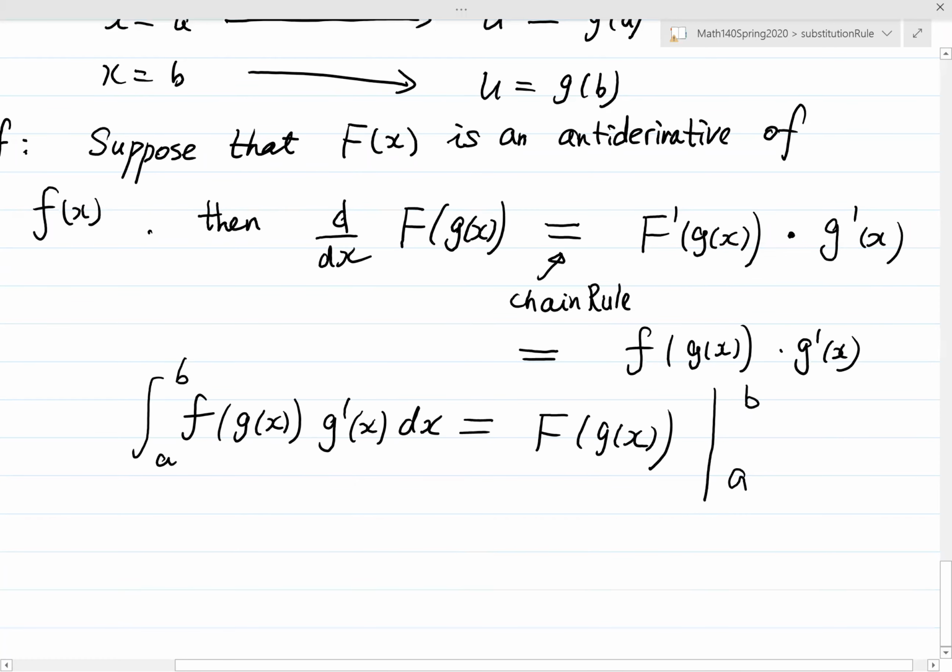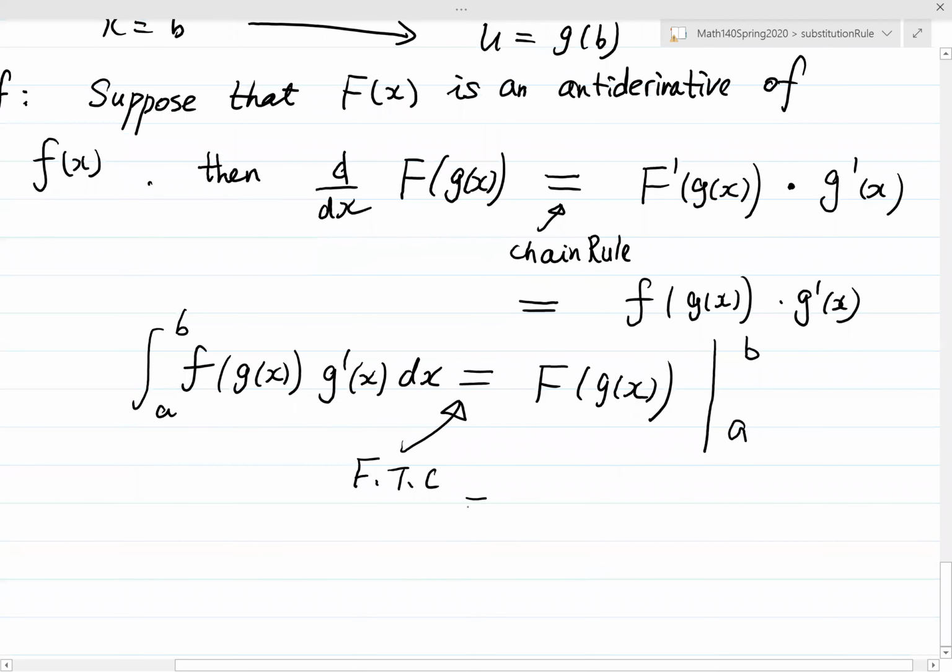So we applied the fundamental theorem of calculus, or the Newton-Leibniz formula. So this is capital F plugging x by b, subtract plugging x by a.